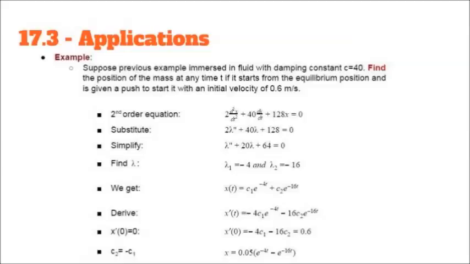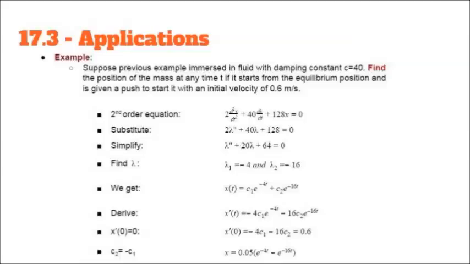So we use the second order equation 2 d²x/dt² plus 40 dx/dt plus 128x is equal to 0. Then we substitute in lambda: 2 lambda squared plus 40 lambda plus 128 is equal to 0. So we simplify, and lambda squared plus 20 lambda plus 64 is equal to 0.